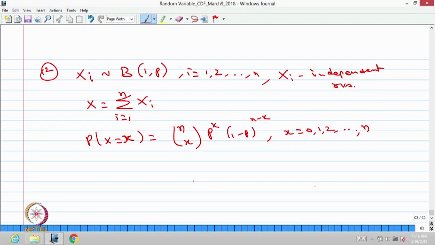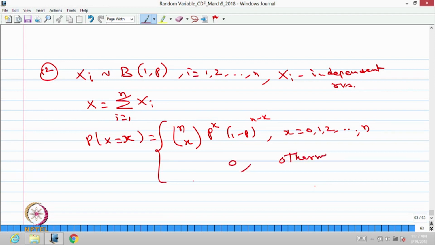That means suppose X takes a value small x, that means out of n such Bernoulli trials you are getting x successes with the probability p, and the remaining n minus x are failures, that is (1 minus p) power n minus x, with nCx possible ways. Therefore, the probability of X equal to small x is nCx p power x (1 minus p) power n minus x. So, this is going to be the probability mass function of the binomial distribution.